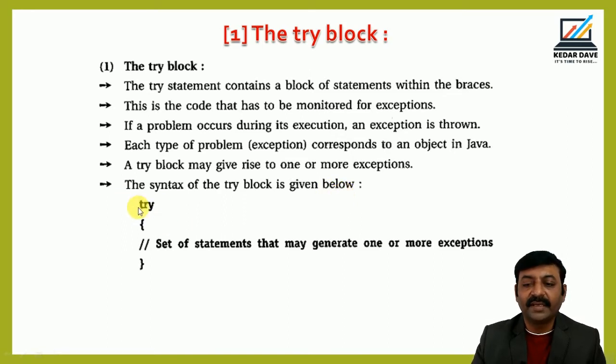Write the try keyword, then a curly bracket and the set of statements that may generate one or more exceptions. After that, close the try block with a curly bracket. In short, if you want to monitor for exceptions, you have to use this try block.